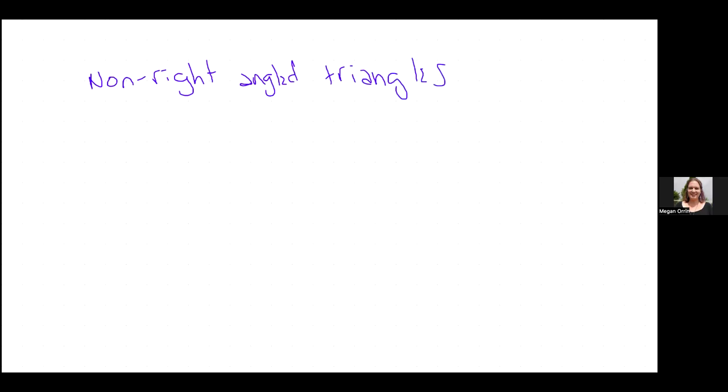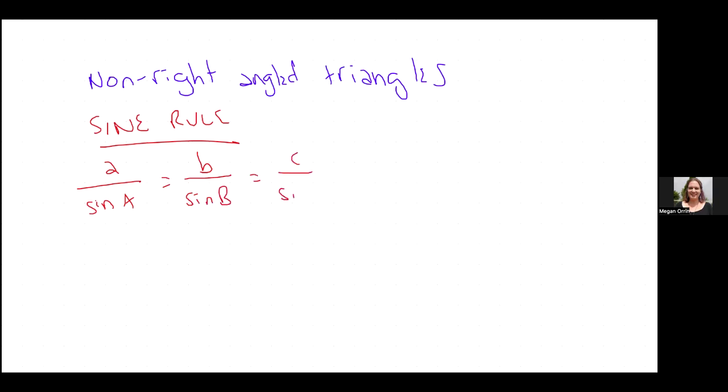Right, the sine rule is a over sine A. Okay, and if we were going to draw this triangle, remember the corners are the capital letters, right? Doesn't matter where we write A, B, and C, but as long as the sides are opposite the marked angles, that is what matters. C is opposite C, B is opposite B, A is opposite A. And that's the way we fill this in.